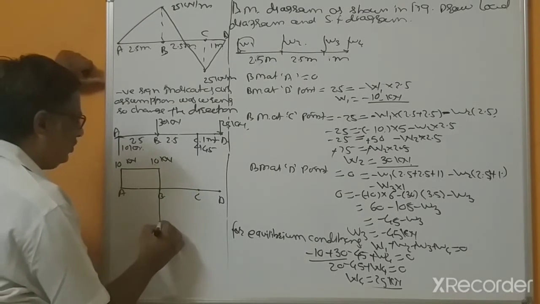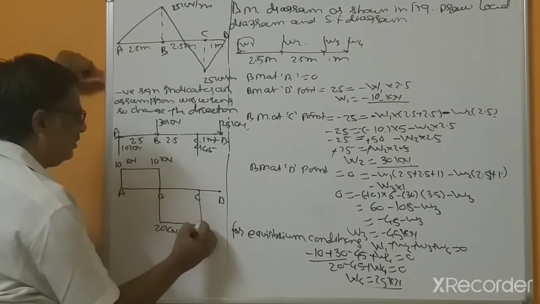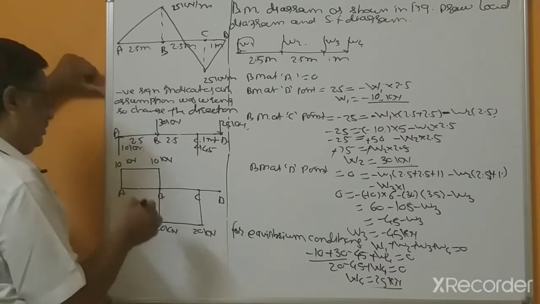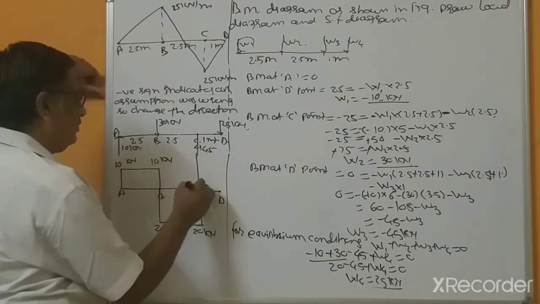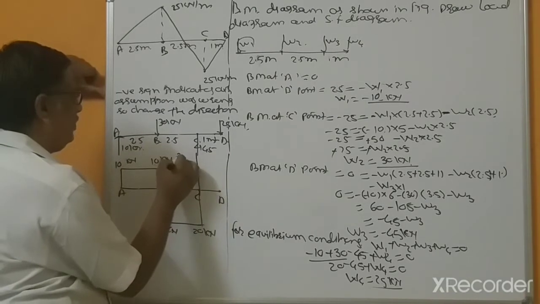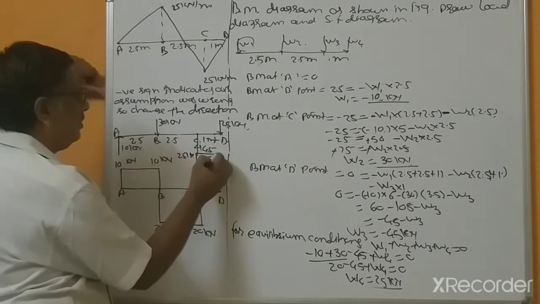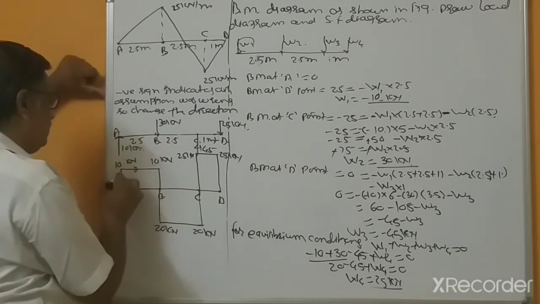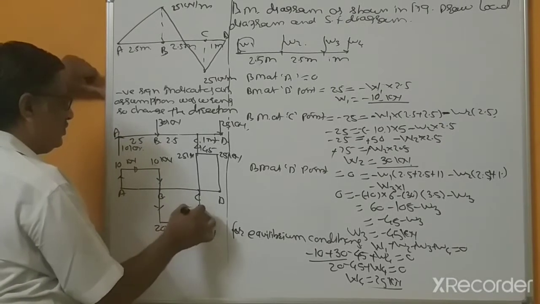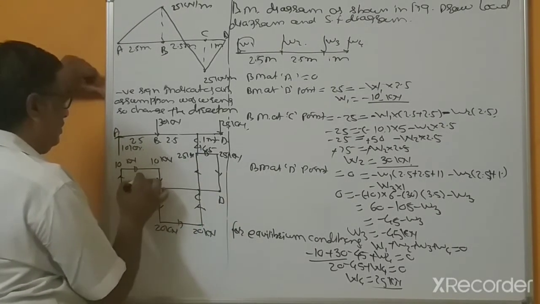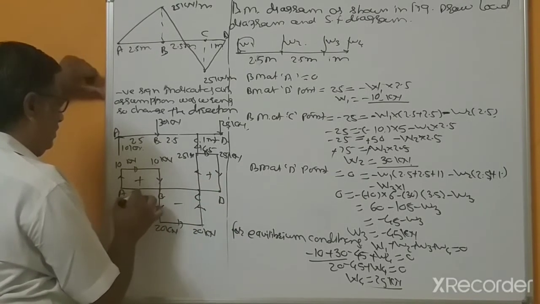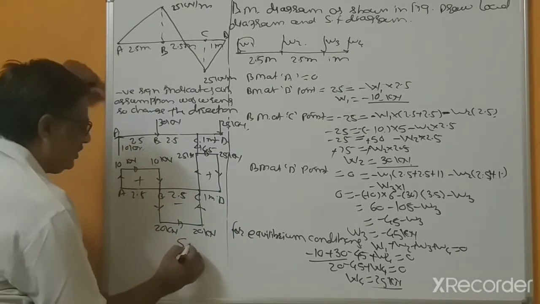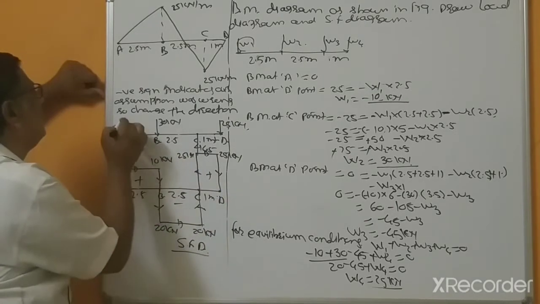In between B to C, no force. At C, this is 25 kilonewton. So this is your shear force diagram, and this is the load diagram.